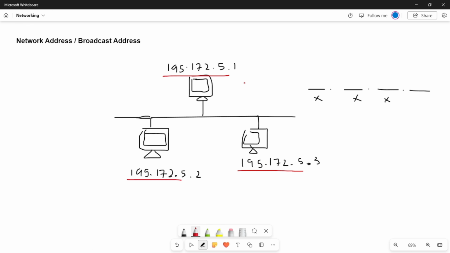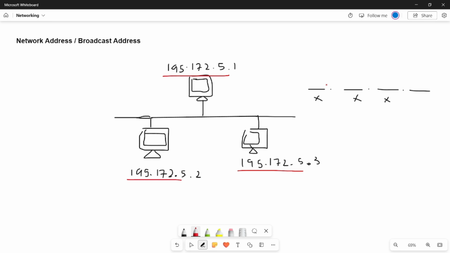So here I want to focus on the very first IP address of the network, which we consider the network address. So keep in mind, if you ask what is the network address, it is the very first IP address of the network. How can we find it?